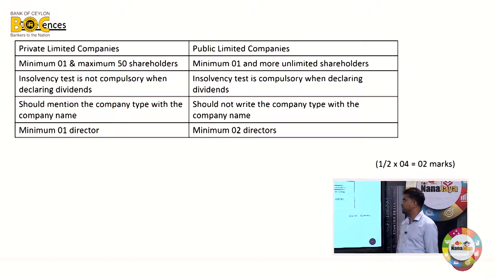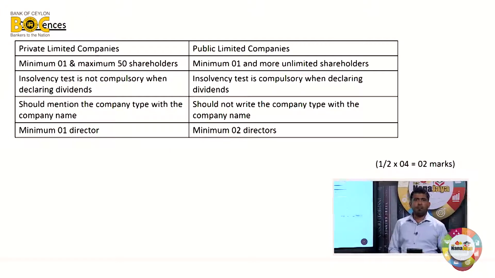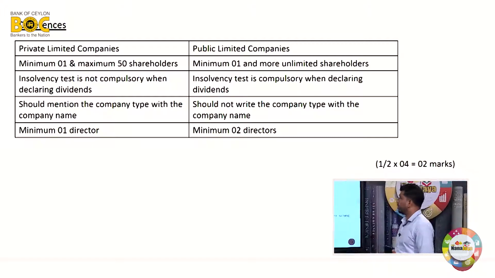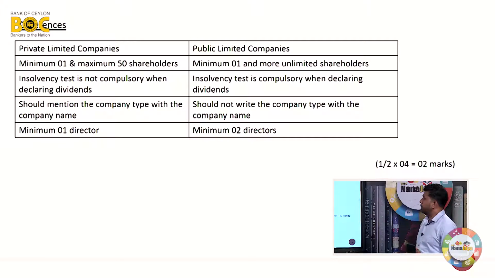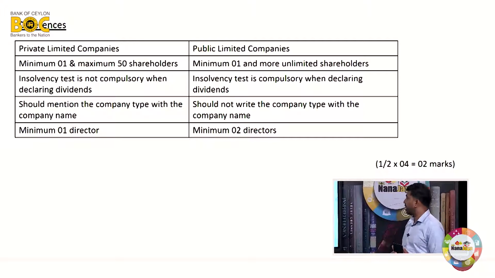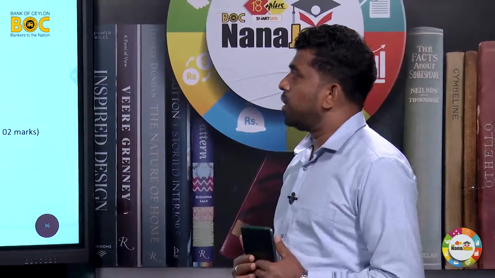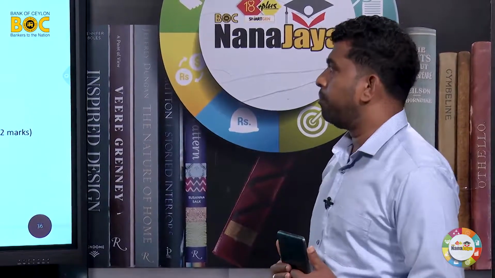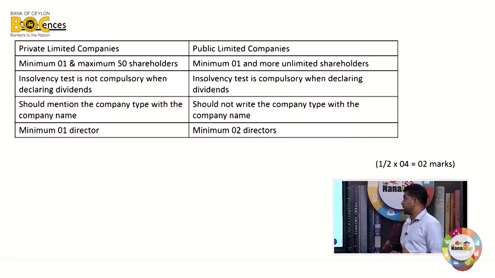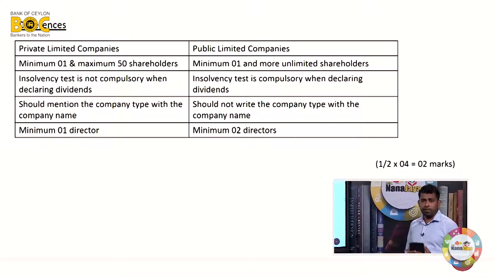These are the differences between private limited companies and public limited companies. In private limited companies, there are minimum 1 and maximum 50 shareholders. But in public limited companies, minimum 1, the maximum number of members or shareholders is unlimited. Insolvency test is not compulsory when declaring dividends in private limited companies, but it is a compulsory requirement for public limited companies.